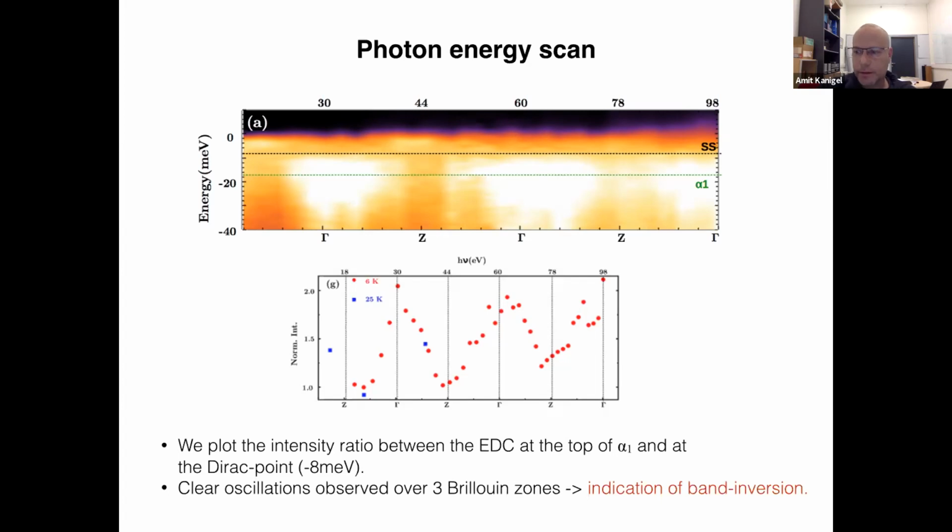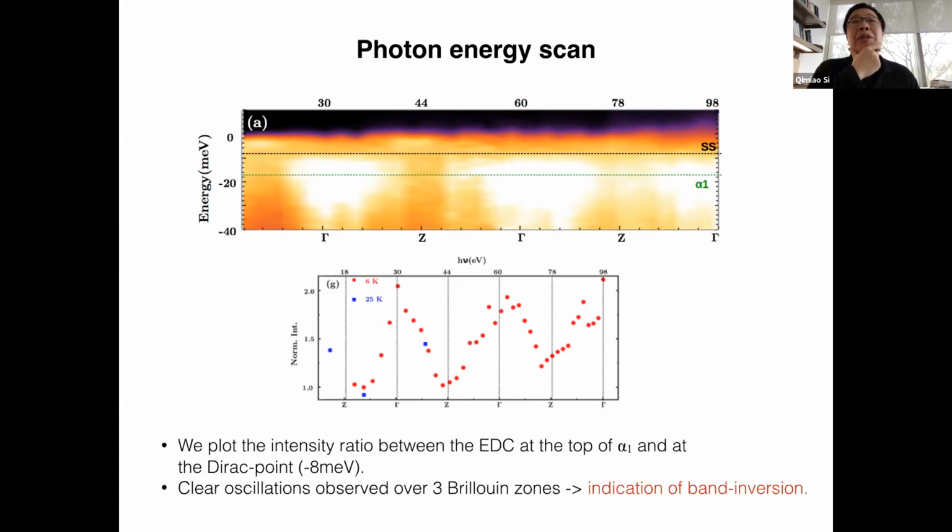I don't know if this was addressed, but actually we checked that. Different groups measure at different photon energies. Usually not systematically, but if I collect all the data from other groups, I think we always see the position of the top of alpha 1 more or less at the same place. This can move between, let's say, 15 and 20 milli-eV below the Fermi level, not more than that.